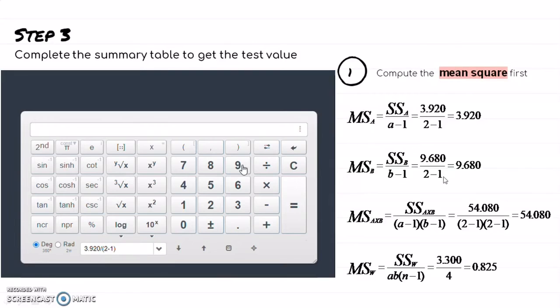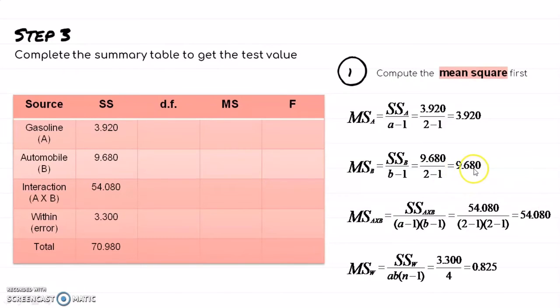So, okay, so the answer is 9.680. Okay, untuk mean square A times B, sum square A times B divide by A minus 1 times B minus 1. So, kita ambil dekat table sum square of AB, iaitu 54.080. Dan divide by A minus 1, so 2 minus 1 and B minus 1, 2 minus 1.